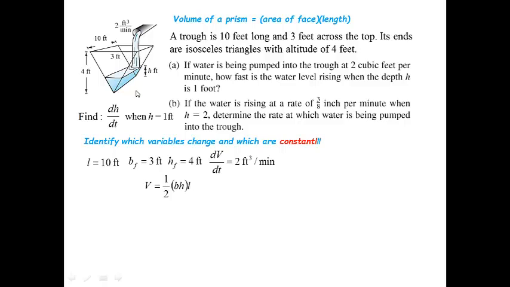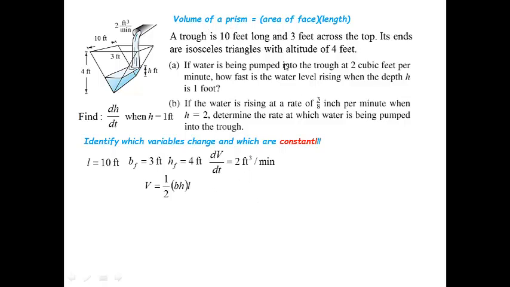Think of this as a loaf of bread, right? If you take one slice of bread, how many slices will give you the volume of that loaf, whatever the shape of the face is. So the volume is equal to the surface area of the face, which is a triangle, 1/2 base times height, multiplied by the length, L. This is a formula they probably will not give you, so learn to figure out the volume of a prism.